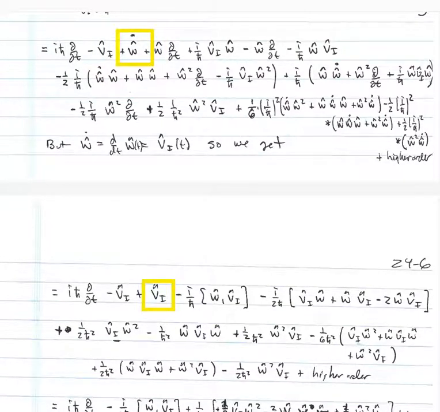And you can see that linear term in the vi cancels. The next term that I'm going to get looking at the operators, not at the derivatives, is going to be a term that is i over h bar viw. And there's a minus i over h bar w vi. So that's a minus i over h bar commutator of w with vi. When we look at the terms that involve the w times a derivative, you can see those two terms cancel. So I don't have to keep track of that term.